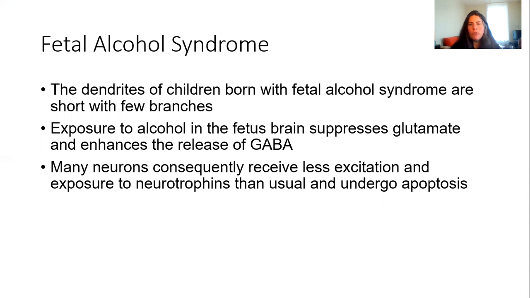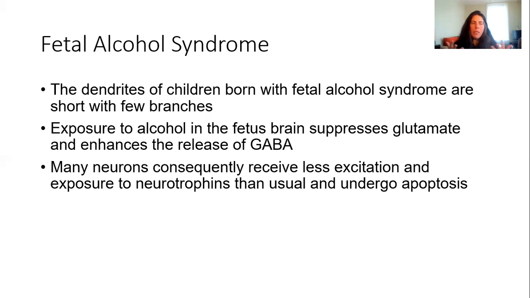The dendrites of children born with fetal alcohol syndrome are short with few branches. Exposure to alcohol in the fetus brain suppresses glutamate and enhances the release of GABA. So suppressing glutamate, that's an excitatory neurotransmitter, while enhancing GABA, the inhibitory neurotransmitter, means that there's less activation of neurons in the central nervous system.